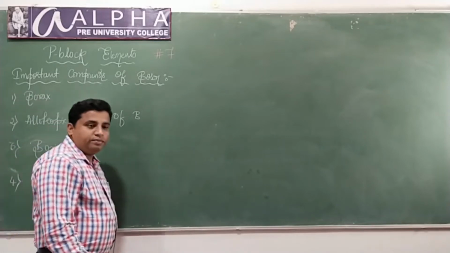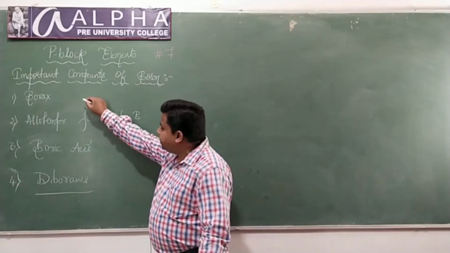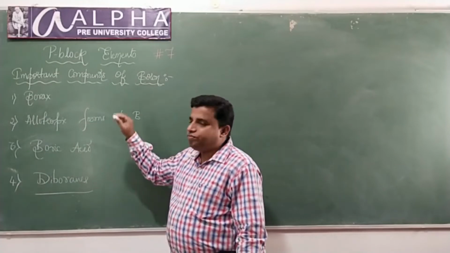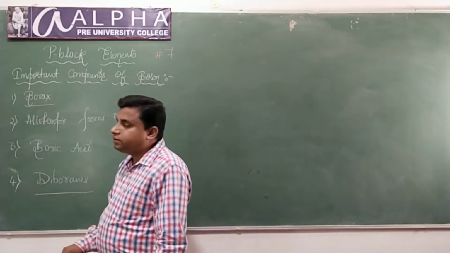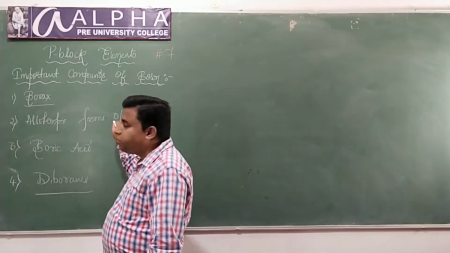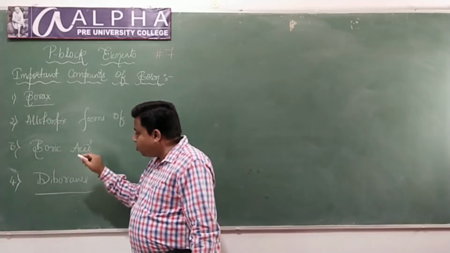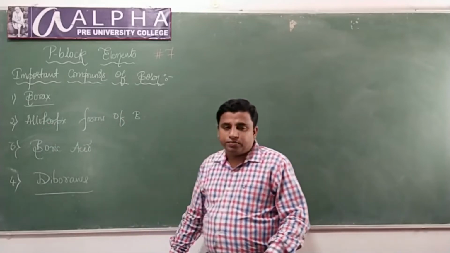Understood? Clear? So which are the important compounds of boron? It is borax, different allotropic forms of boron, boric acid and diborane.